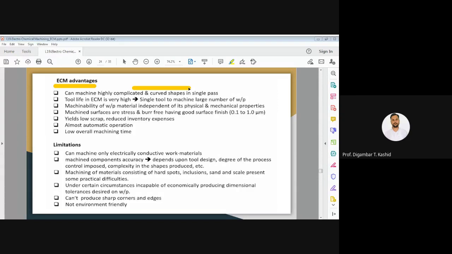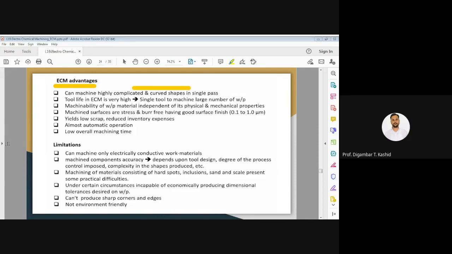Practically there is no separate tool, because the electrode or cathode acts as your tool. So you can use a single tool to machine a large number of workpieces.